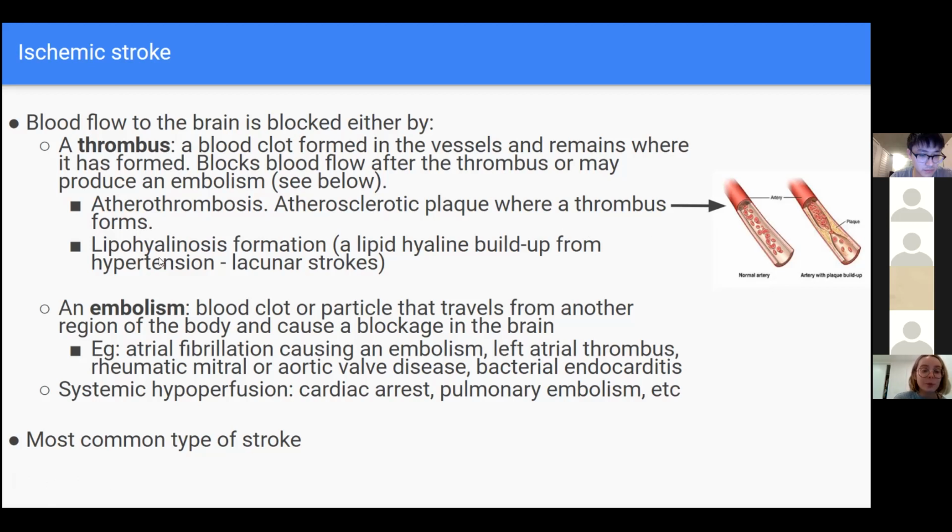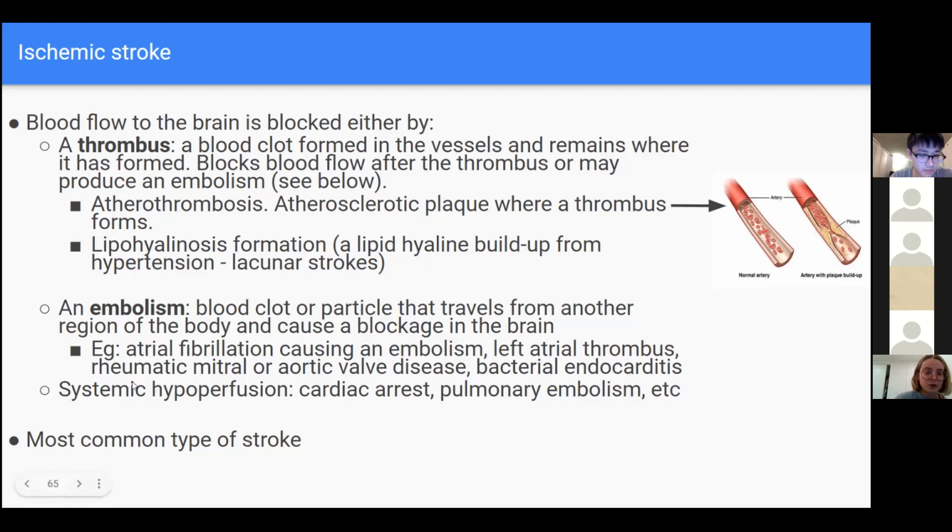There's also the lipohyalinosis formation, which is basically a plaque of lipid hyaline that comes from hypertension. And this is the pathophysiology for the lacunar strokes. Okay, so for lacunar strokes, it's really a lipid hyaline buildup that will cause the ischemic stroke. So that's it for thrombus.